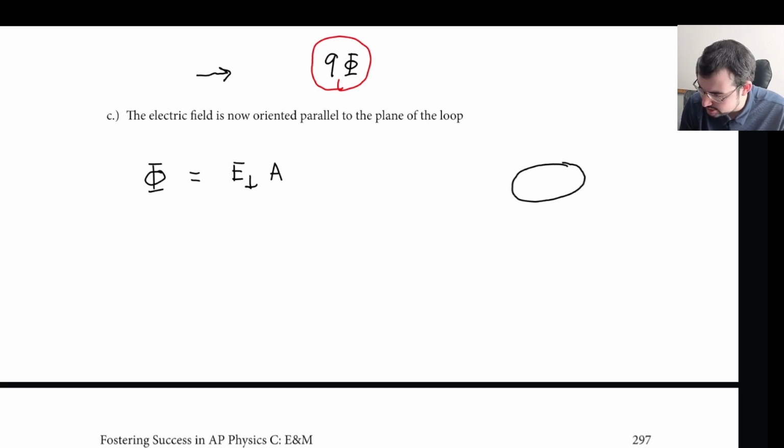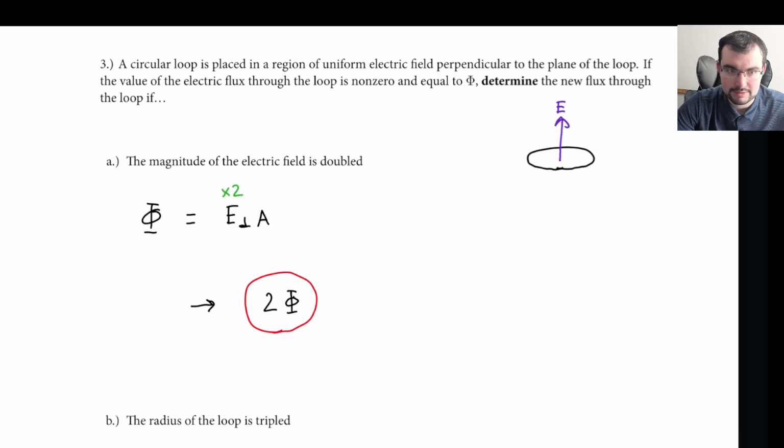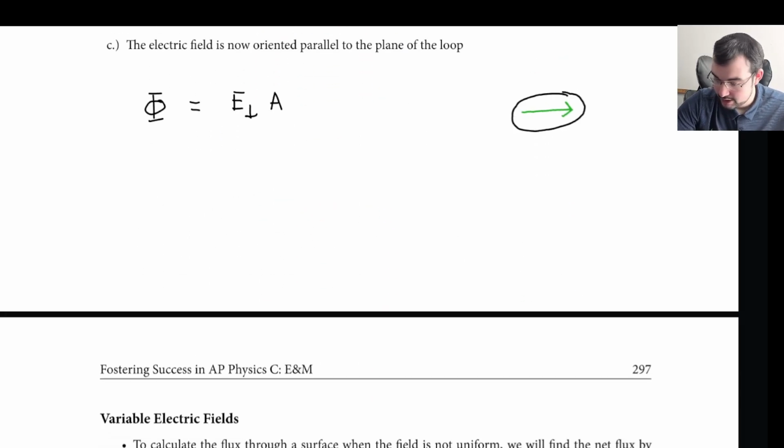So in this case, what if instead our E field is oriented parallel to the plane of the loop? So instead of piercing it, it just skims the surface like that. And what's happening in that case is you're entirely taking away the perpendicular component. So instead of E perpendicular being the whole E field, there is no perpendicular component anymore. So the flux is 0.